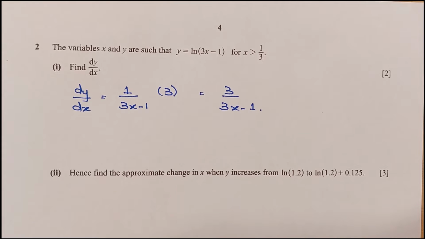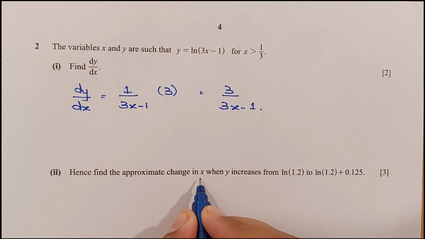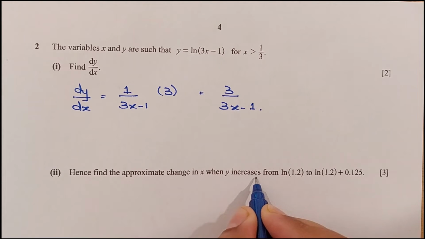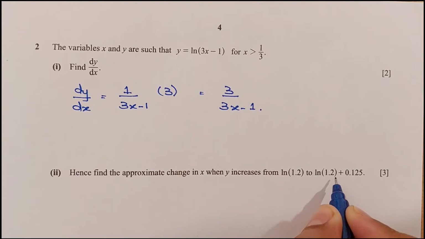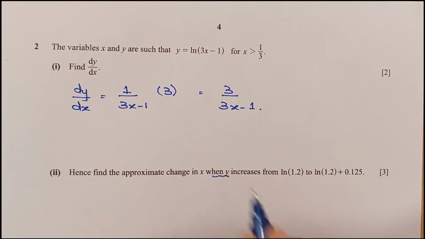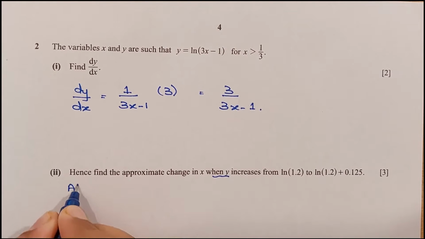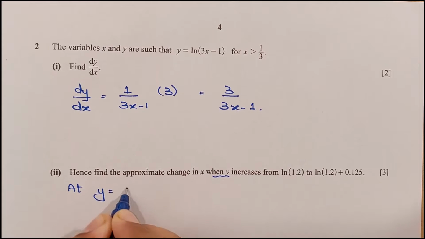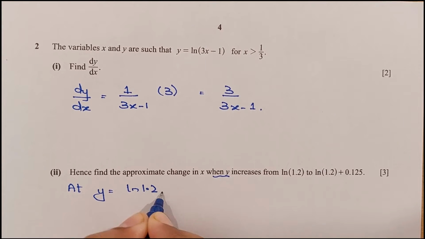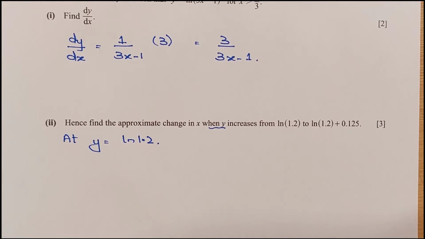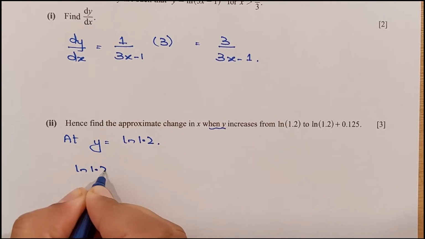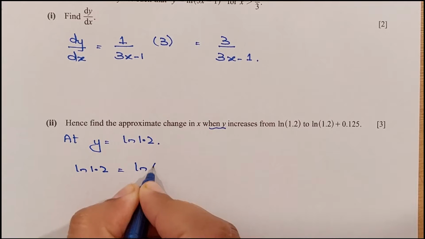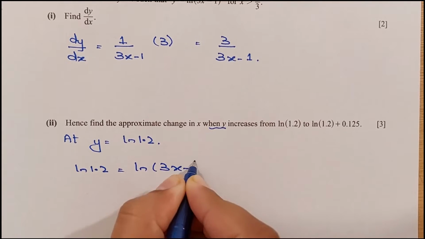Now for the second part, hence find the approximate change in x as y increases from natural log of 1.2 to natural log of 1.2 plus 0.125. At y equals natural log of 1.2, what is your x value? Natural log of 1.2 equals natural log of 3x minus 1.